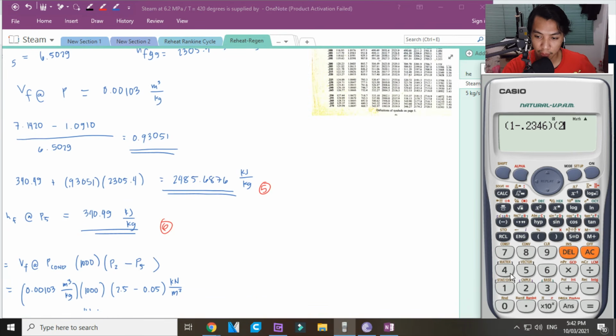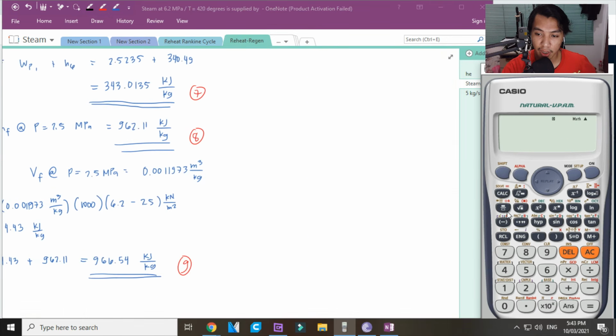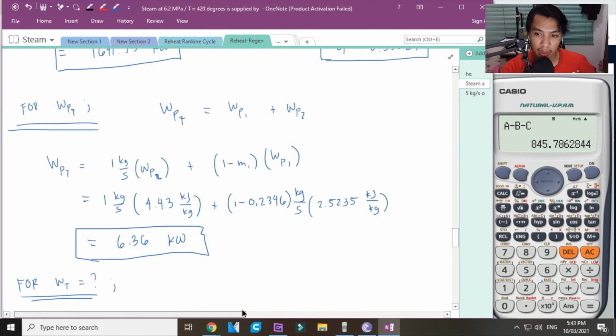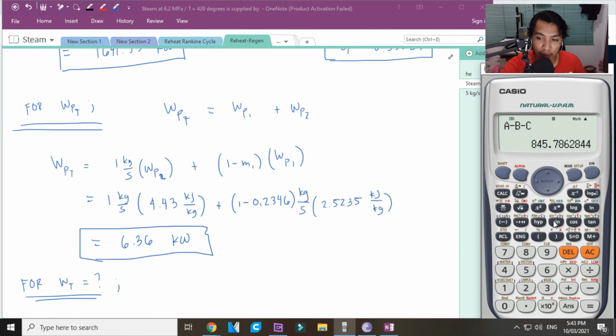H5, 2485.6876 plus 2818.8004. This is C. So, ima-minus ko lahat yan sa A. Alpha A minus alpha B minus alpha C. Ayun, 845. 845 ang work net. Store to D.